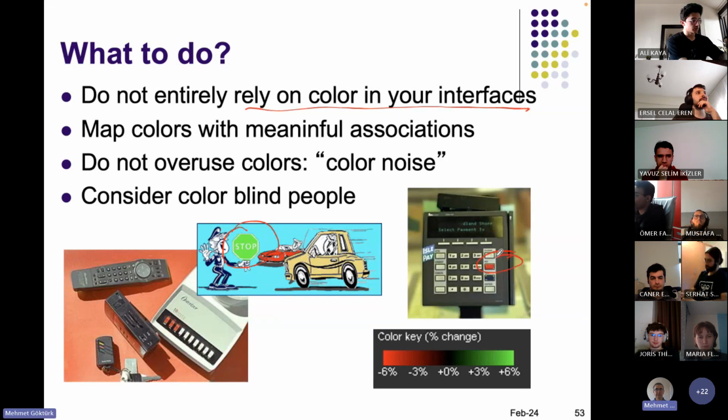We use them for marking important things, critical functions. We use them for marking state: hot, cold, good, bad, full, empty. If it is critical, it is usually associated with red. If it is kind of good, it is associated with green or blue.